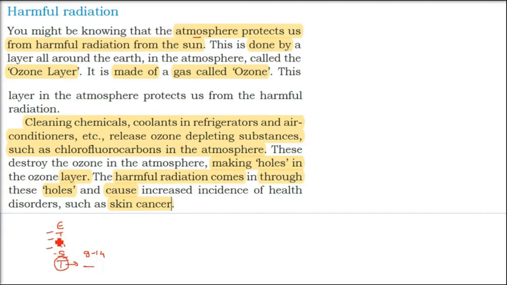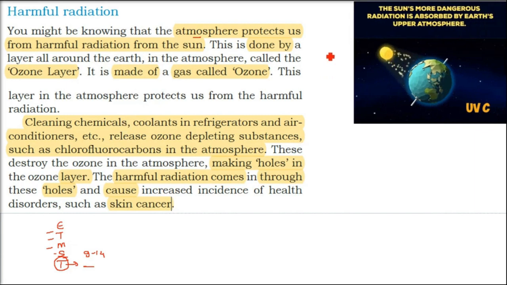There are other layers also. I'll talk about ozone just now. They all have some usage. Our whole atmosphere is protecting us from the harmful radiation coming from the sun.